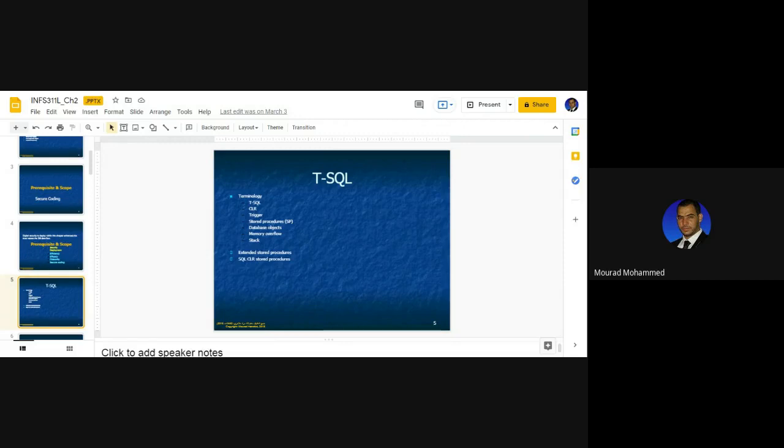Unit number 2 is a very powerful and interesting unit, presenting a very long range of terminologies and technologies that define T-SQL, that we will use frequently, and they are a key secret for the success of T-SQL.